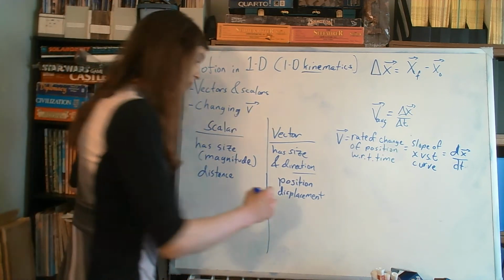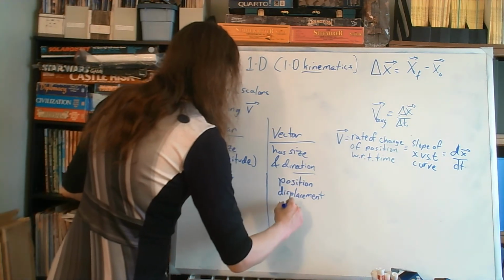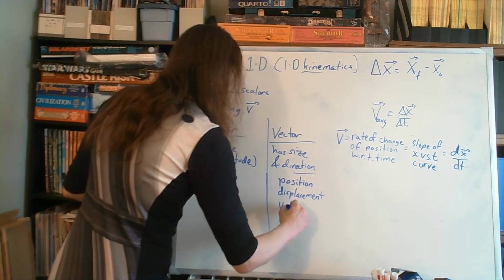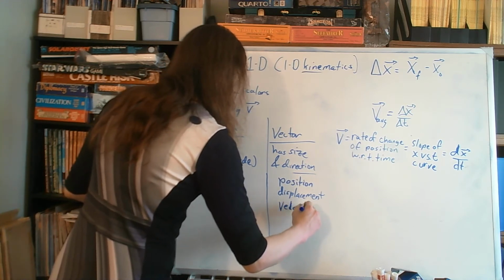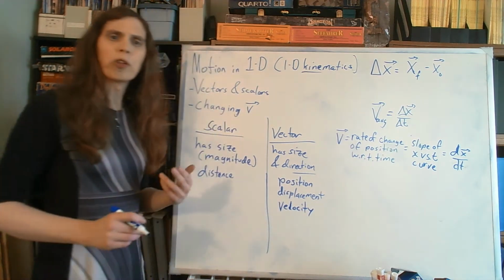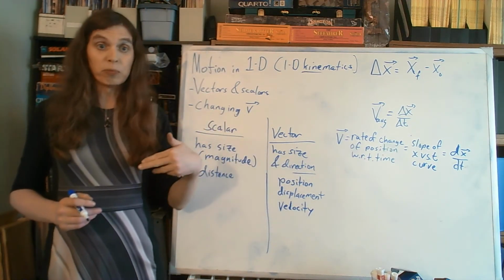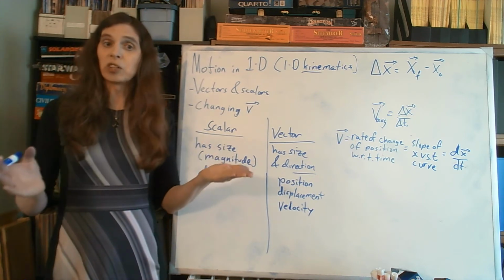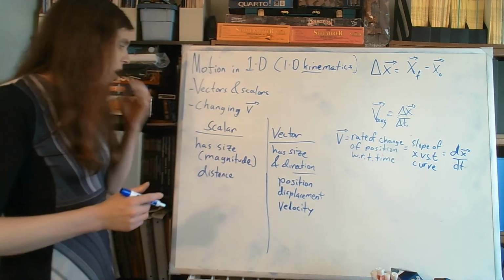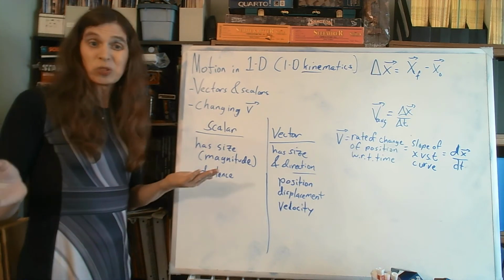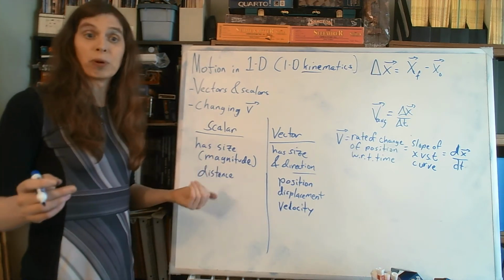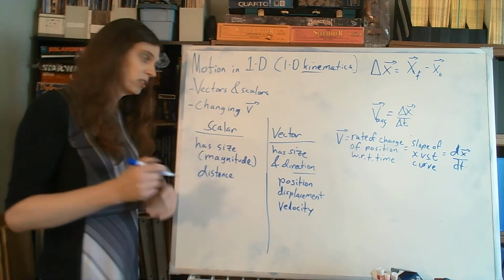Velocity is a vector quantity. We care whether you're going 30 miles per hour north versus 30 miles per hour south. Makes a difference. But if you just wanted to say, oh, you were going 30 miles per hour, that's speed.